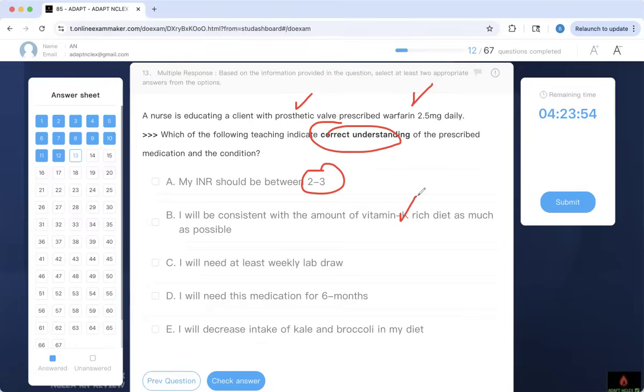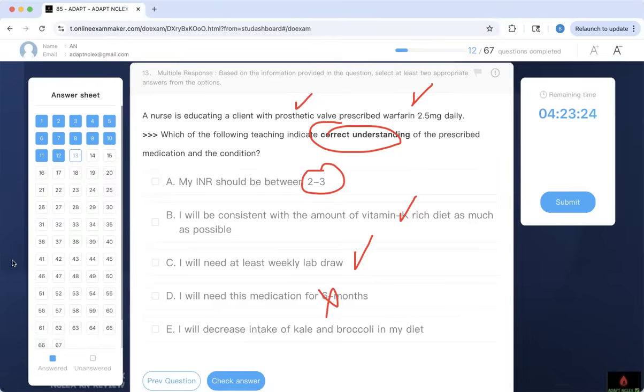I will need at least weekly lab draw. You're good. You don't need this medication for 6 months, for life, so far as you have prosthetic valve, not 6 months. You should not decrease kale and broccoli because they have vitamin K rich diet. Therefore, if you stop it, if you decrease it, we're going to bleed.